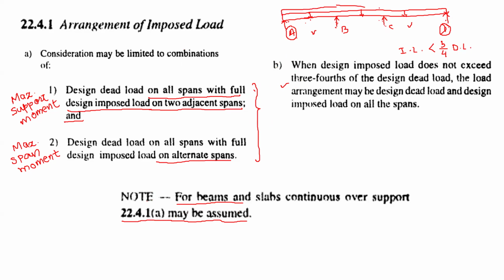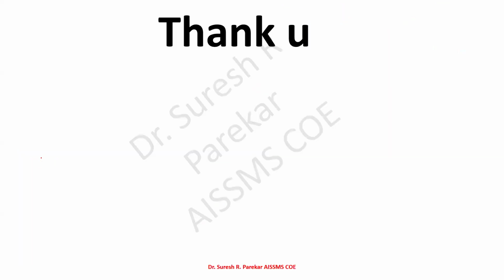But due to this note, we are not going to use it because we are designing beams and slabs, and therefore we go for the conditions for maximum support moment and maximum span moment. This is given on page number 35.